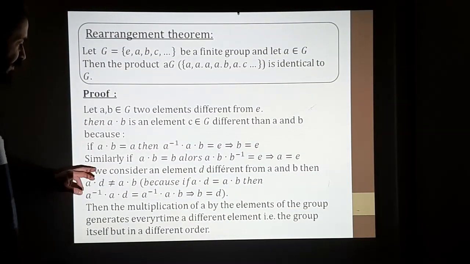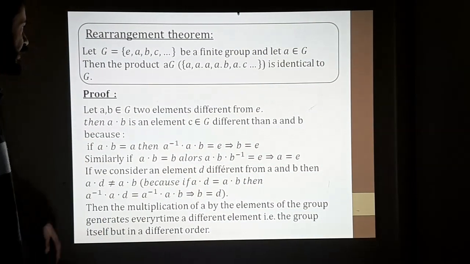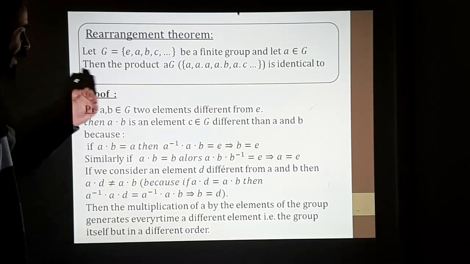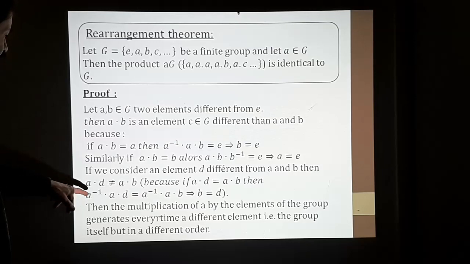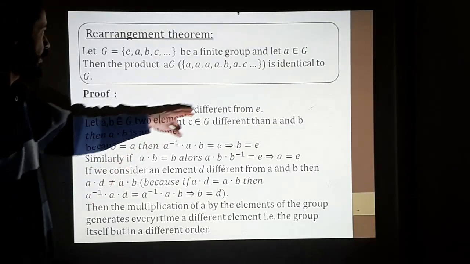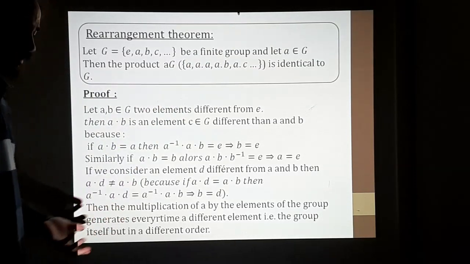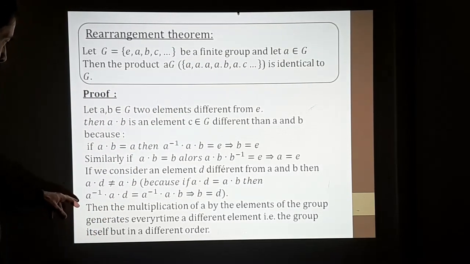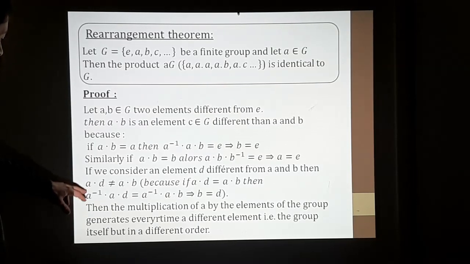Now if I consider a different element D that is different from A and B, if I make the product A multiplied by D, it is different from A multiplied by B. Okay? So these two elements will be different. So how do I prove that?